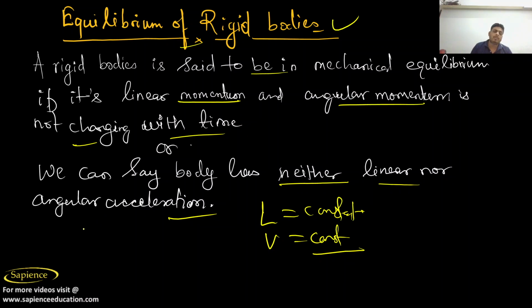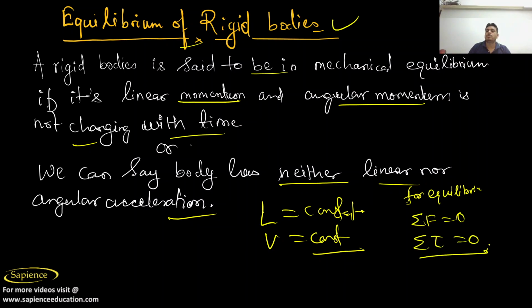So for equilibrium condition, can we write here, for equilibrium, total force should be equal to 0 and total torque should be equal to 0. Why am I talking about total force?